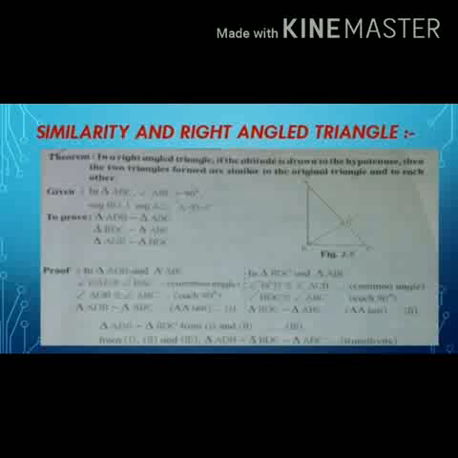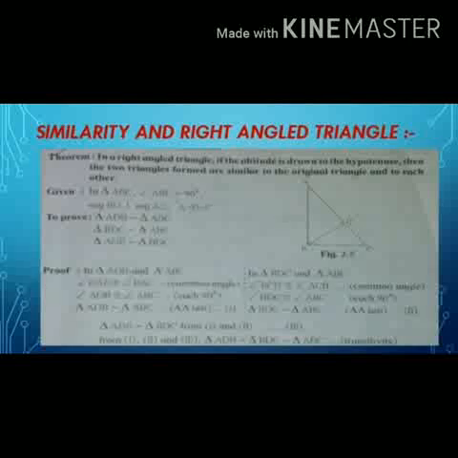Therefore, we can write angle DAB congruent to angle BAC, which is the common angle in both triangles. Then angle ADB congruent to angle ABC, because both these angles are of 90 degree, and therefore by using the angle test, we can write that triangle ADB is similar to triangle ABC. This is equation 1.